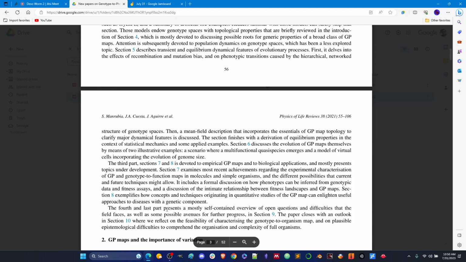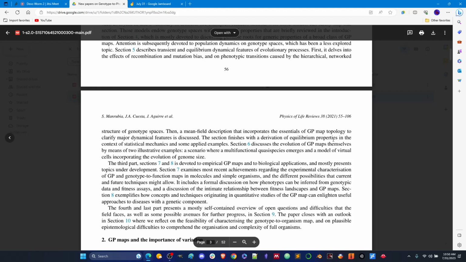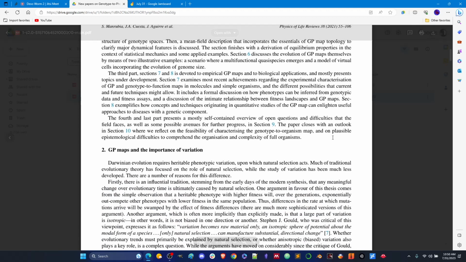The fourth and last part presents a mostly self-contained overview of open questions. And so the field faces a number of difficulties, as we've just discussed. If you're interested in this area, it's a good paper to read through. Even if you're not, I think it's good to think about some of these problems.